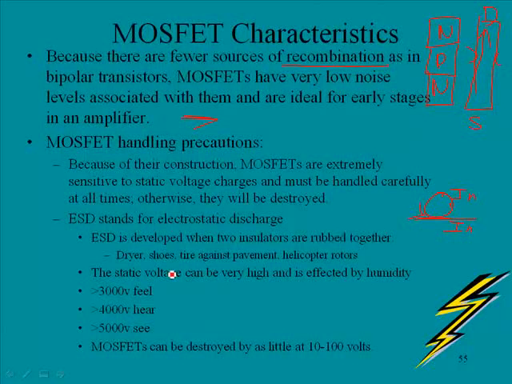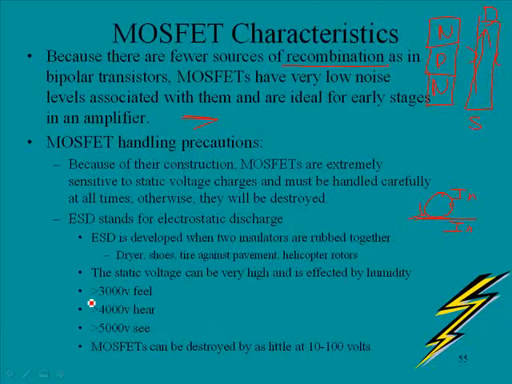Okay, the static voltage can be very high and is affected by humidity, and these are just some ballpark figures. I'm putting these down because these are commonly used values. And like I say, these values would be typical in high humidity areas.